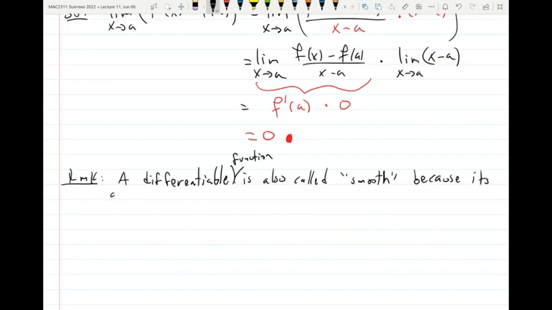its graph is both continuous, no holes, no gaps, nothing strange, and smooth. And by smooth, what I mean is no sharp turns.